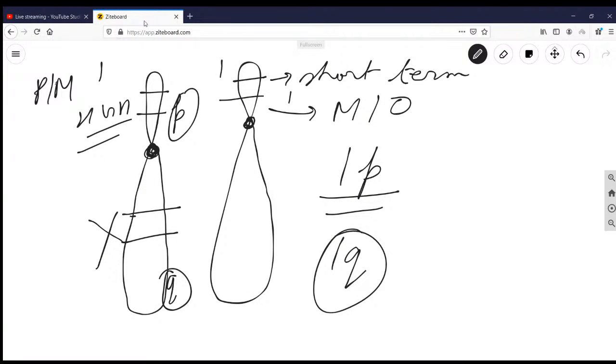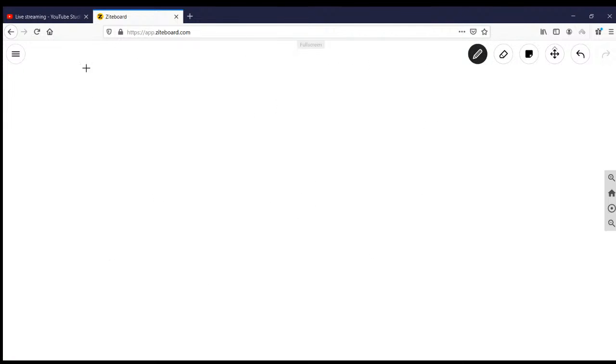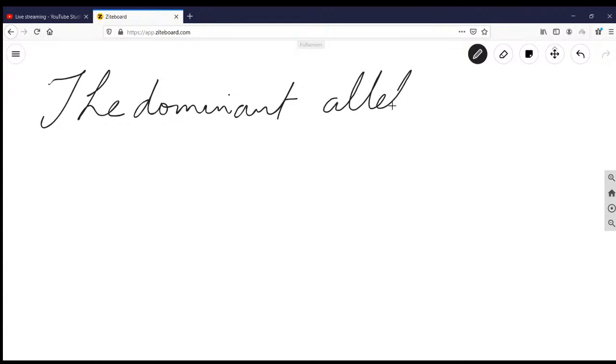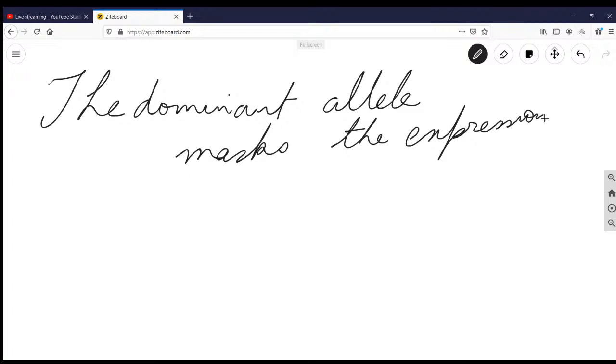Now you will talk about dominant and recessive. The dominant allele, as per the definition given in the book, masks the expression of the recessive allele.